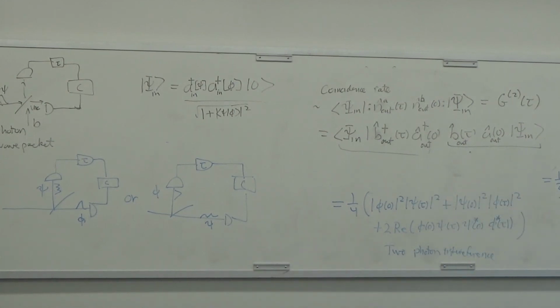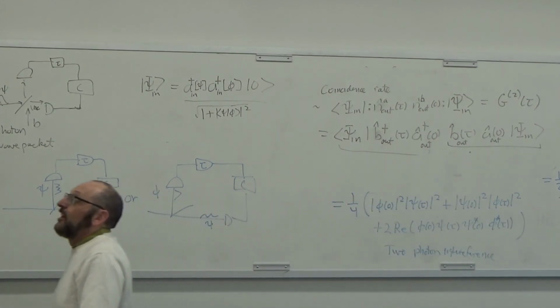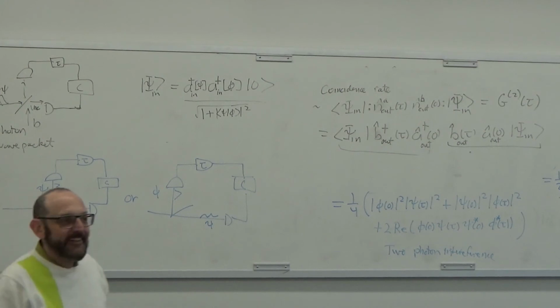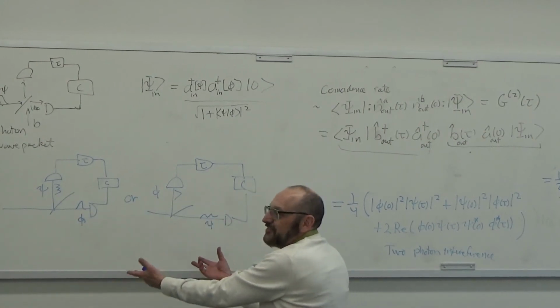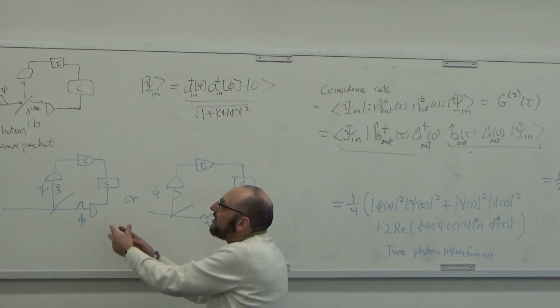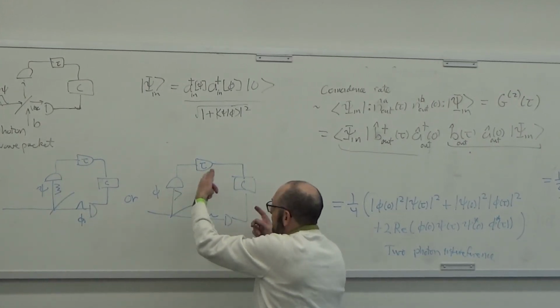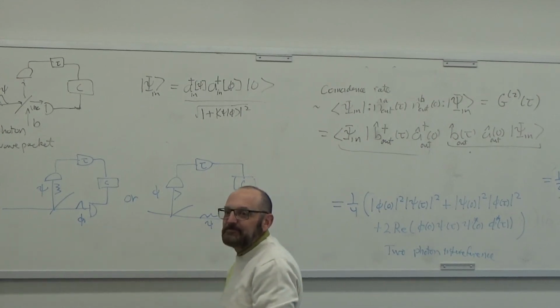Okay. So what we see in this coincidence counting is interference between more than one photon and itself. There's interference of these different processes, different histories that can lead to the same final outcome.